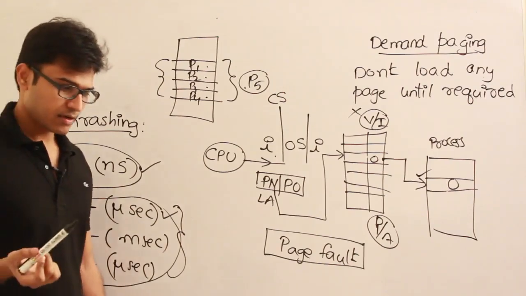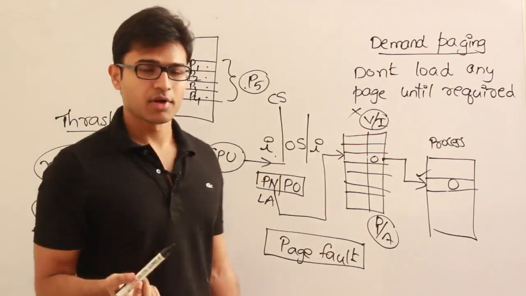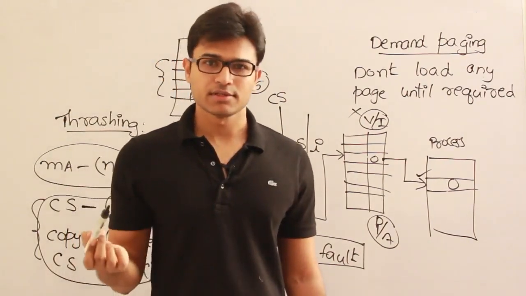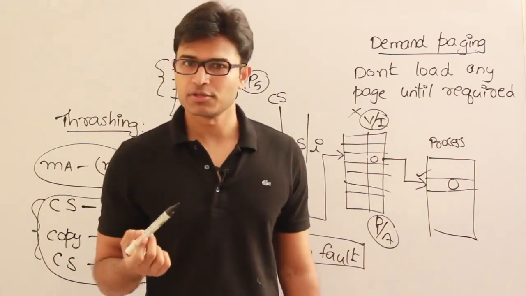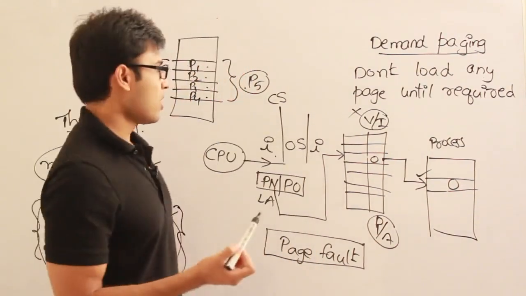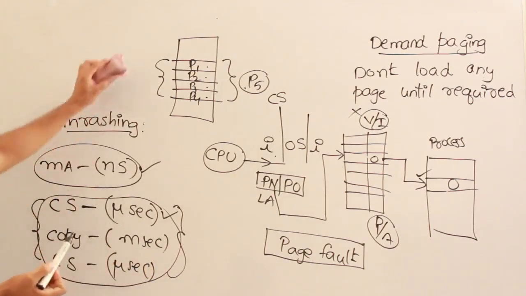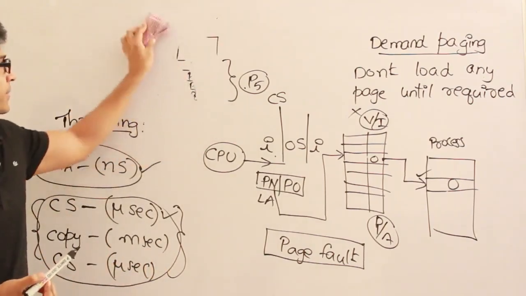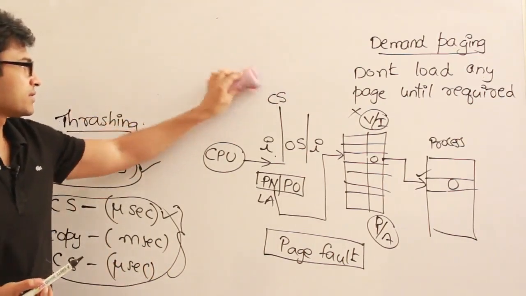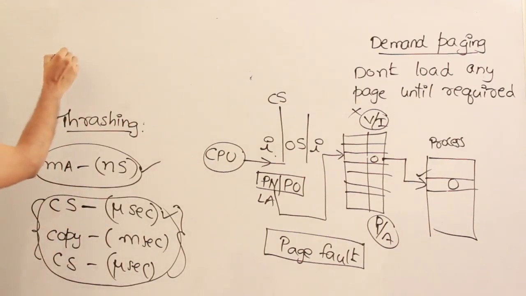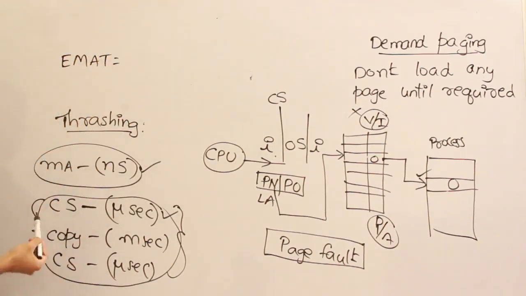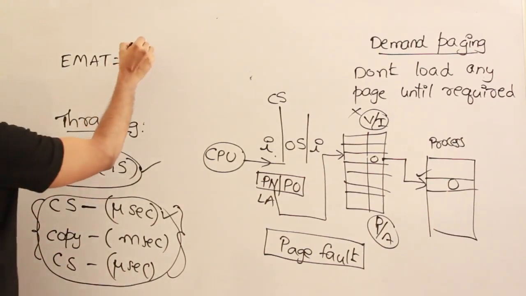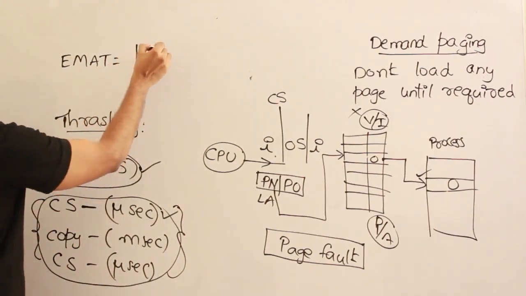It is very important that we reduce the page fault rate, because the more the page faults, the more the time required for memory access, and the slower the process execution is going to be, right? So how much slower is it going to be? Now watch. The effective memory access time in case of a page fault: let us say the page fault rate is P, right?